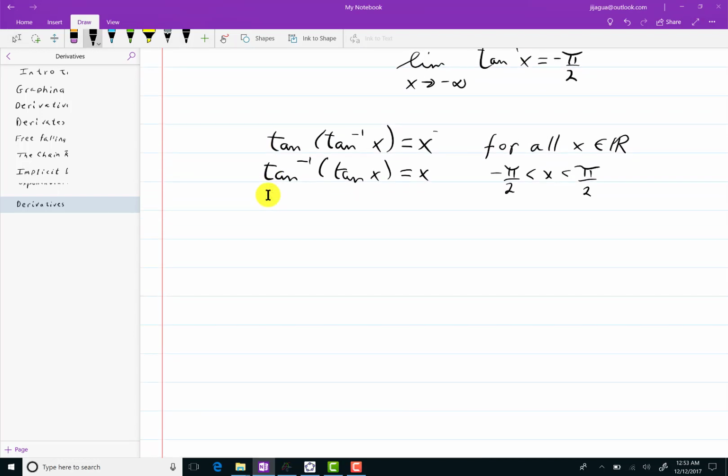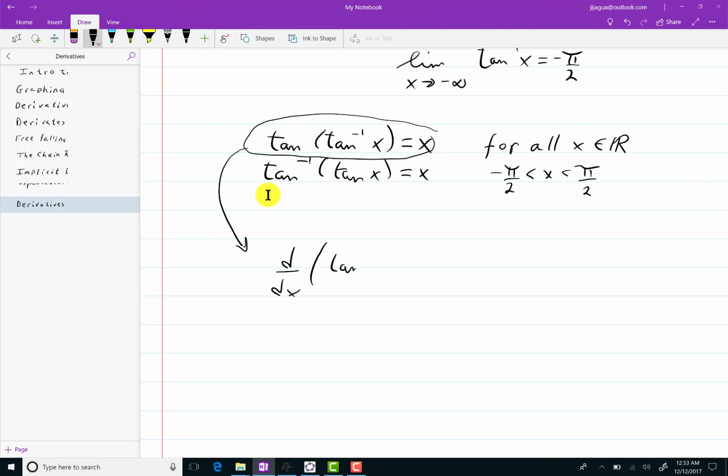So I'll do the same sort of a game that I did before. I'll start with this one here, and I'll take its derivative. So d over dx of tan inverse of x equals d over dx of x. Of course, that side is 1. The derivative of the tangent function, the outer function, is secant squared.